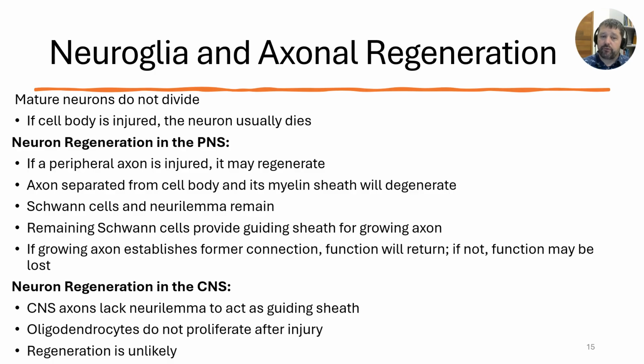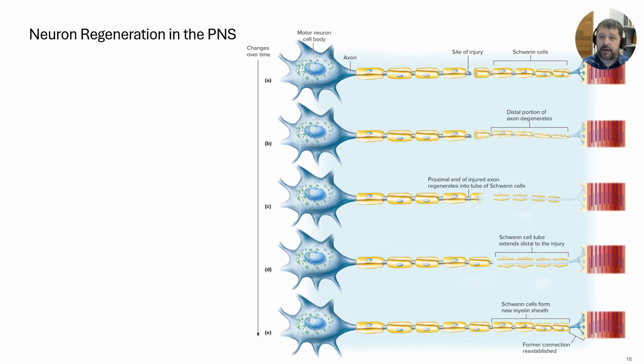Now, there are ways at which you could potentially add new cells to the system, like adding stem cells, where you're just getting undifferentiated cells to come into the system and make new connections. That's possible. But having them regenerate or correct the damage is unlikely in both cases. But in the peripheral system, it does happen.